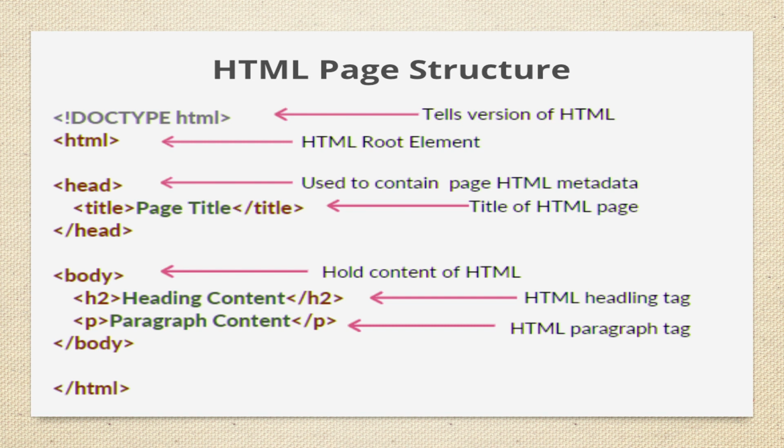So depending upon what you require, you use the headings. In the example, you can see H2 is being used as the HTML heading tag, and below the heading content, you can see a paragraph is introduced, where a paragraph of content is written.